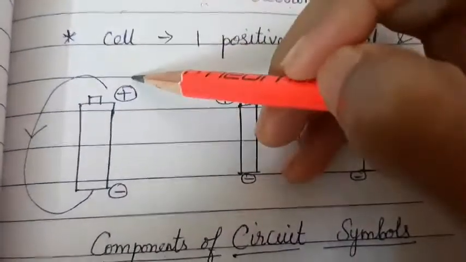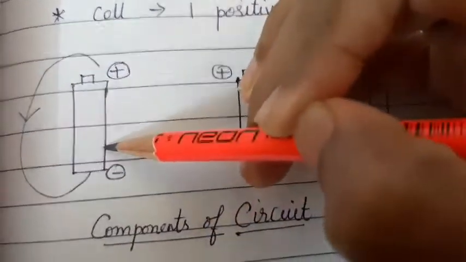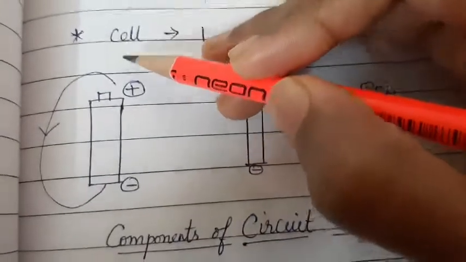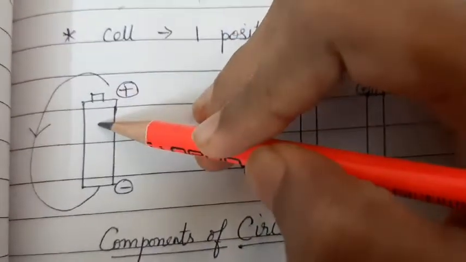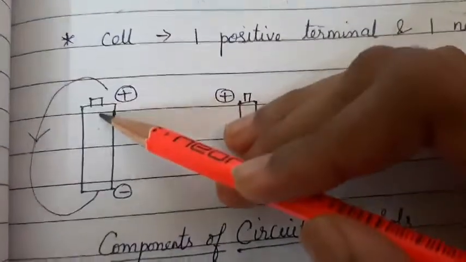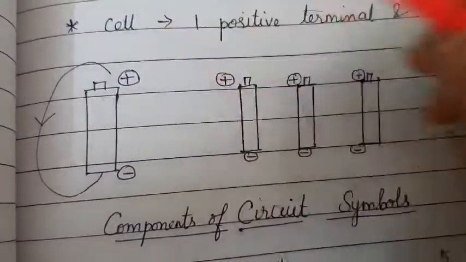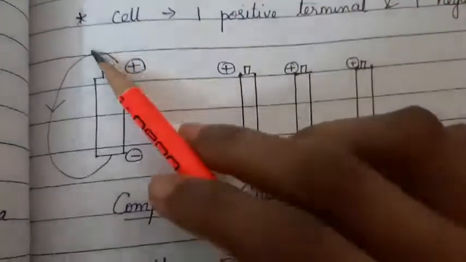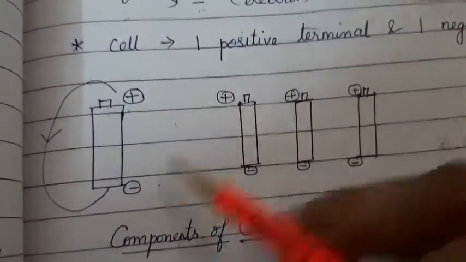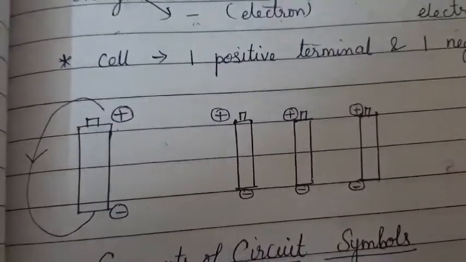When the charges move from the positive to the negative end, the current flows through this cell and it helps wherever we apply the cell to operate any device, it enables us to allow the current flow. A cell will always have one positive terminal and one negative terminal.